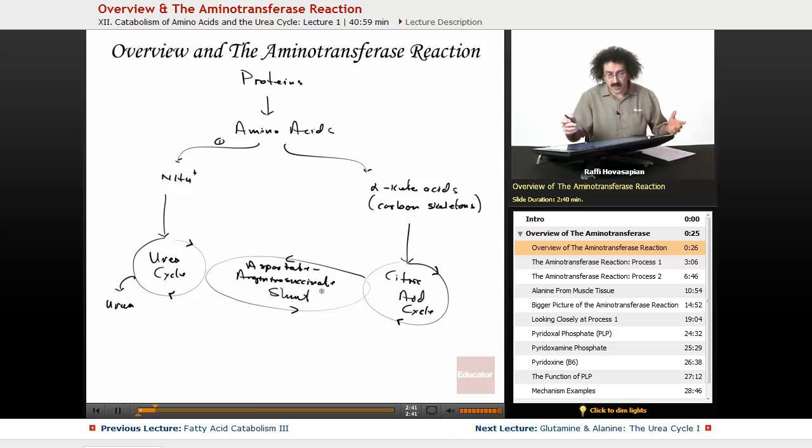So there is a connection. So with these amino acids, the amino group is metabolized one way, the carbon skeletons are metabolized another way, and there is a passage between them.